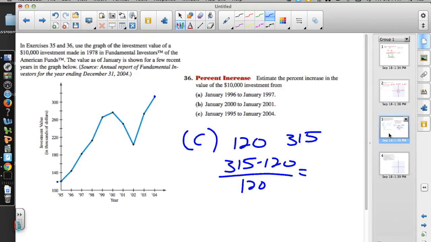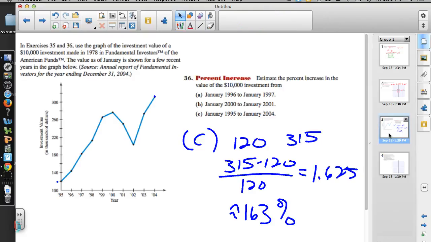So let's punch this into Mr. Calculator here. 315 minus 120, and we're going to divide that by 120. 1.625. So we need to change that from a decimal to a percentage. So that's about 163% for that increase. And again, depending on how close your dots were to where they actually were, that's where you're going to match what we have for the graph using your points.